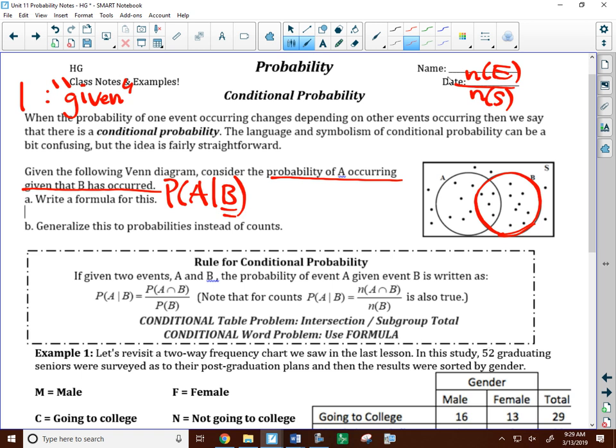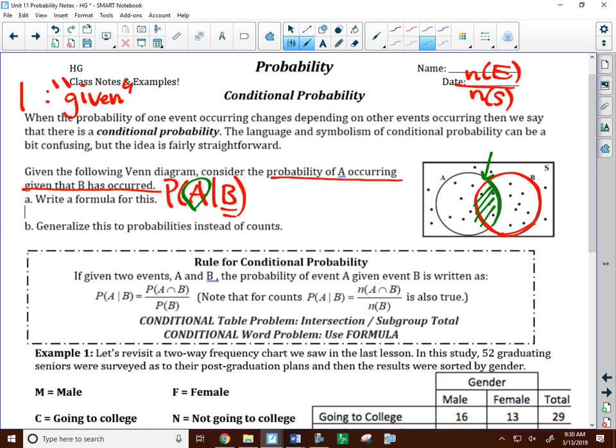So we're in B. Then let me ask you this. We're finding the probability of A. Describe what part of that in red, in B, what part of that is A? Yeah, the middle part, the overlap. Right, this here is the only part that has A in it.